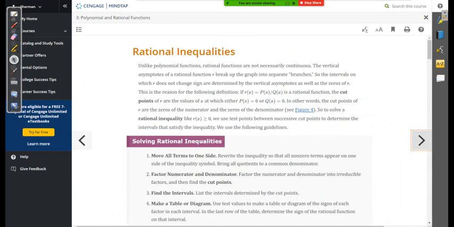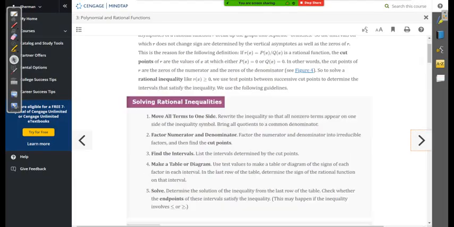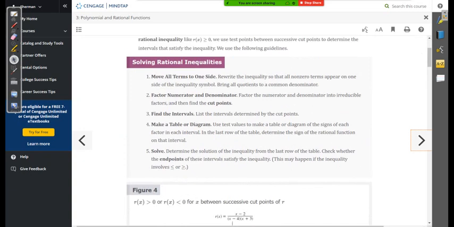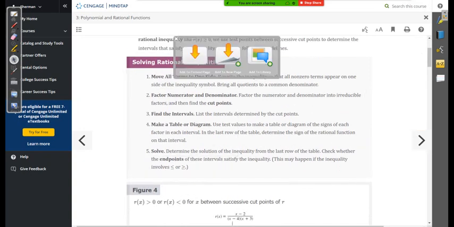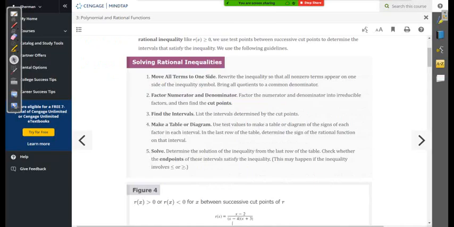Alright, so rational inequalities, we're going to do it kind of the same once we get past the beginning part. And I bet I should probably go ahead and snip this figure.